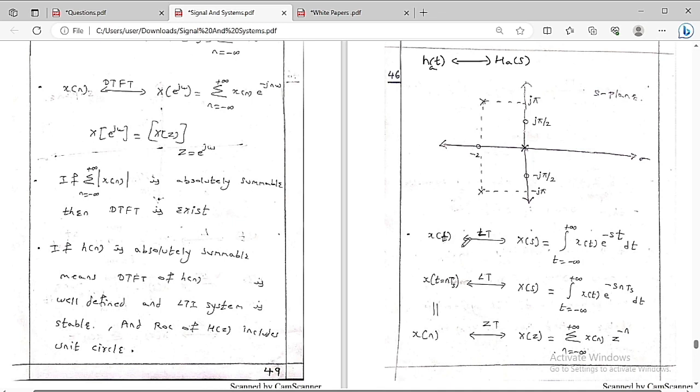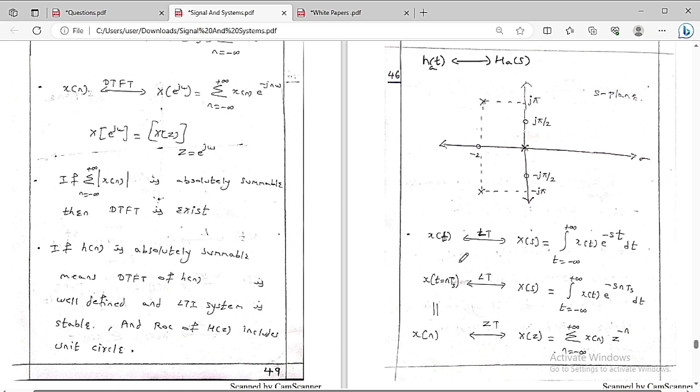Suppose x(t) is there. What is the Laplace transform? X(s) is equal to the integral from t equal to minus infinity to plus infinity of x(t) e to the power of minus st dt. Suppose I replace t by nTs.